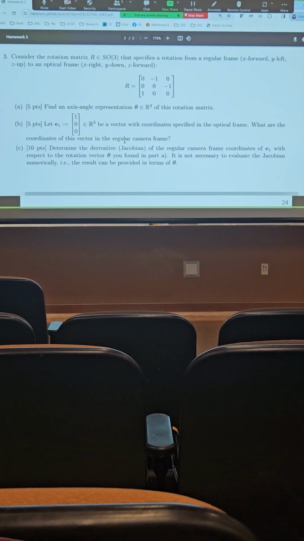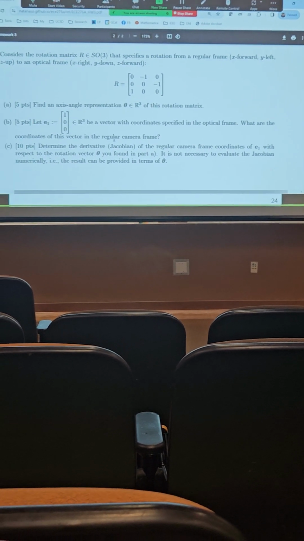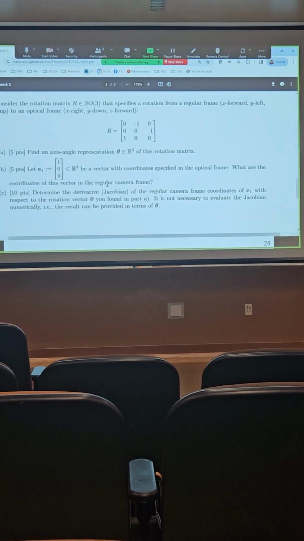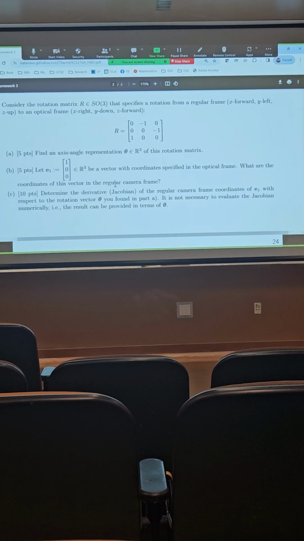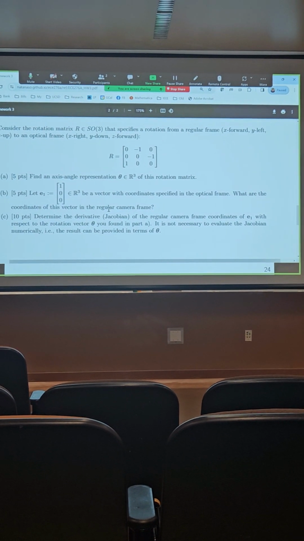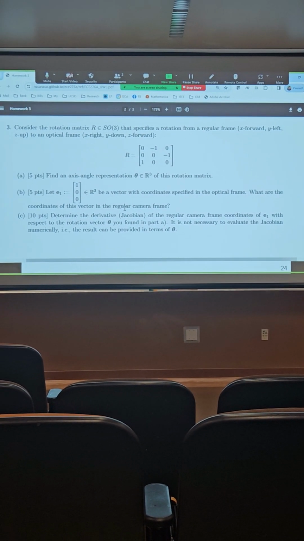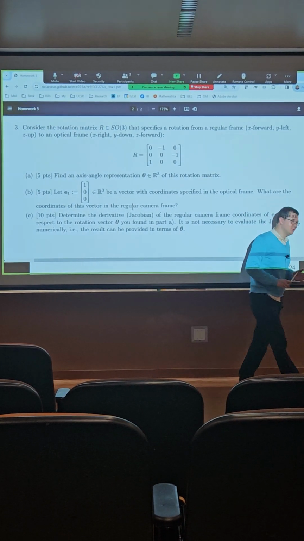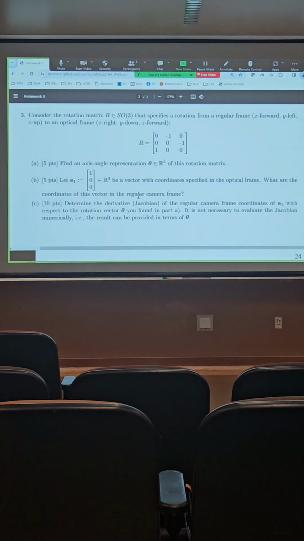So you can do it exactly the way we did in class. You can also reinterpret this as the Riemannian gradient, or the gradient of E1 with respect to R. That's also okay. Whichever one you do, either with respect to theta or with respect to R, as long as you do one of those correctly, that counts.